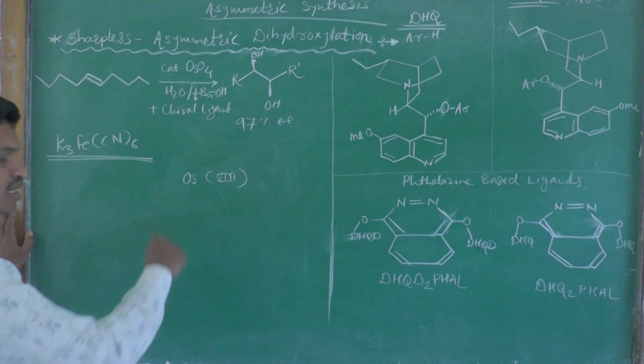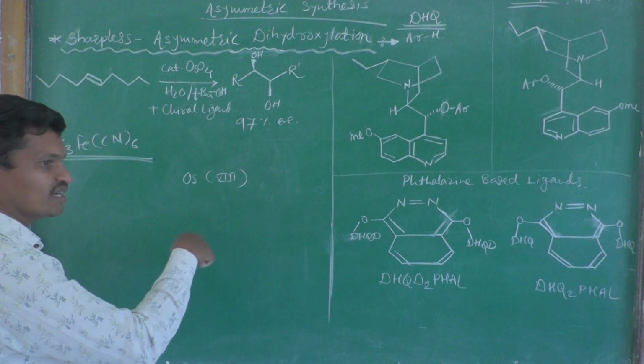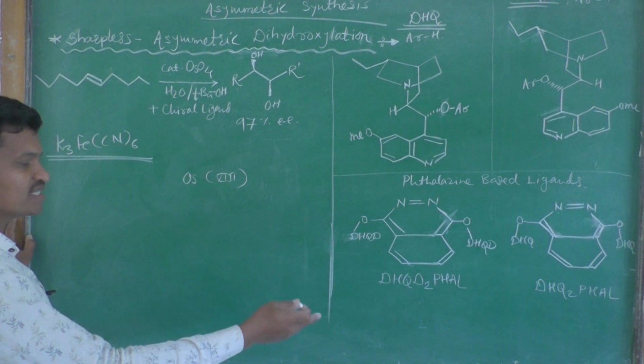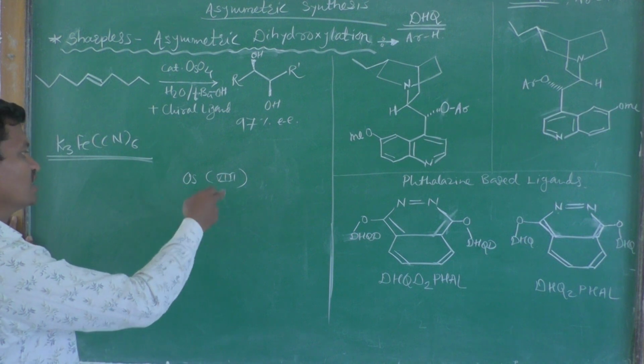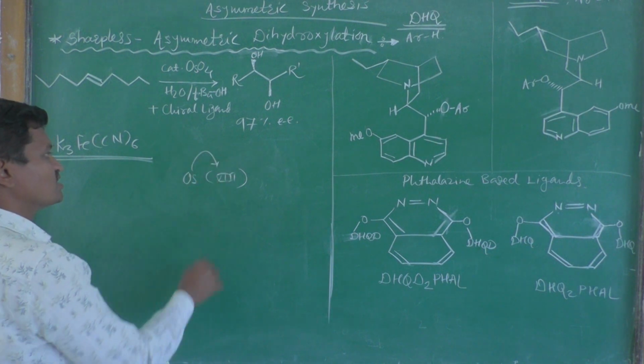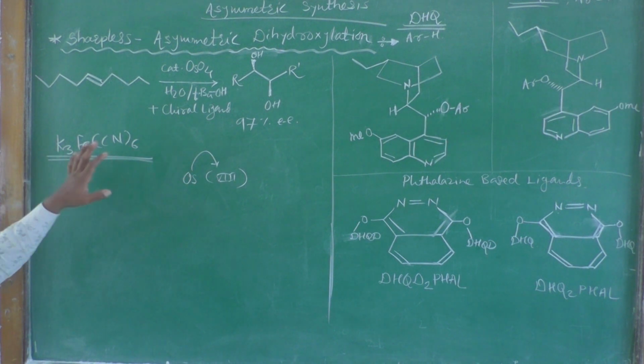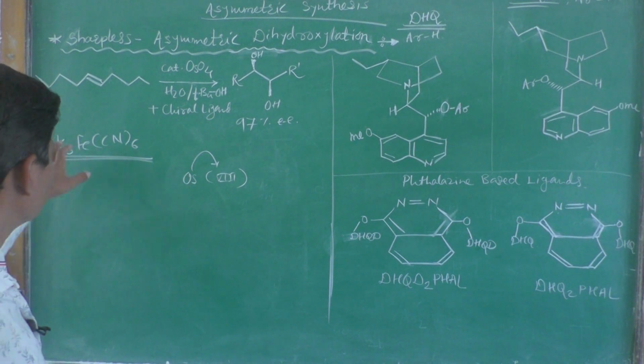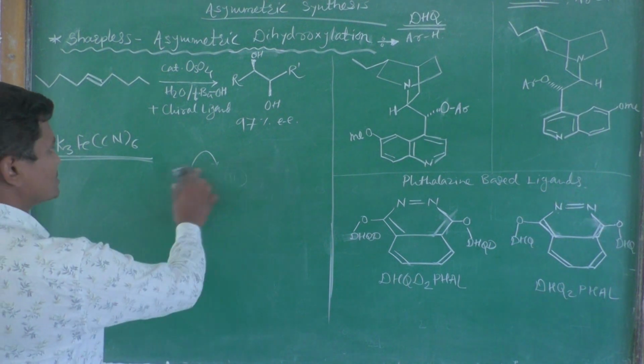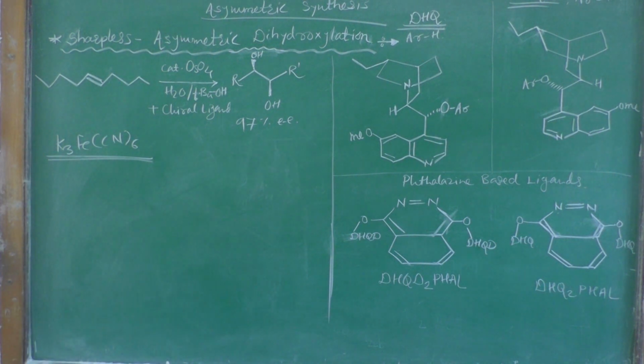When the osmium is reduced during the reaction mechanism, it is converted back to osmium 8 by the potassium ferricyanide K3Fe(CN)6. So this is used as a co-catalyst for the conversion of osmium.